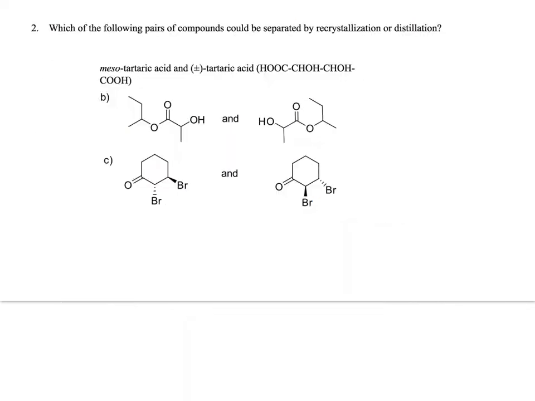Which of the following pairs of compounds can be separated by recrystallization? So what you need to know here is that diastereomers can be separated by physical processes, recrystallization and distillation.